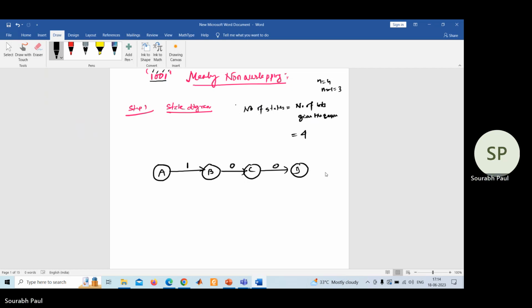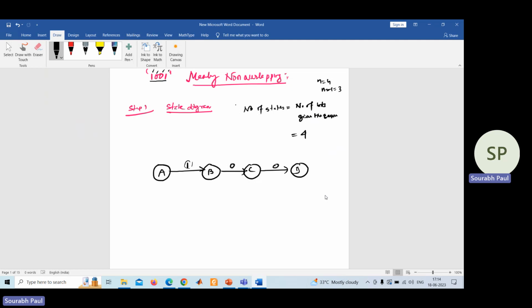Now the next thing you need to understand is that for each state, you need to consider the input of 1 as well as the input of 0. Both inputs you need to consider for each state. That is the thing you need to remember.